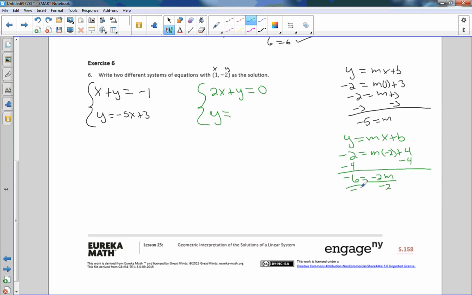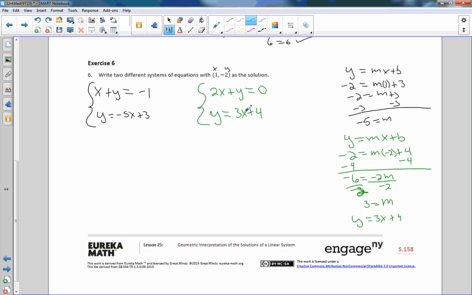Divide by negative 2, and m equals positive 3. So I get the equation y equals 3x plus 4. Let me check that again: 3 times 1 is 3, plus 4 is not negative 2.